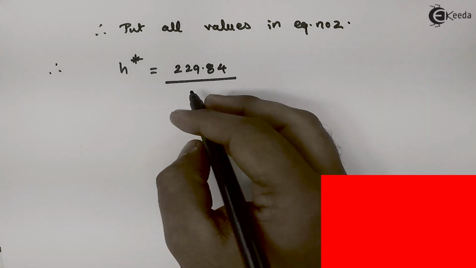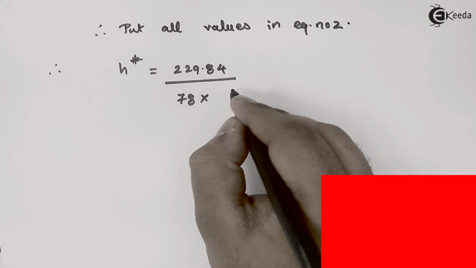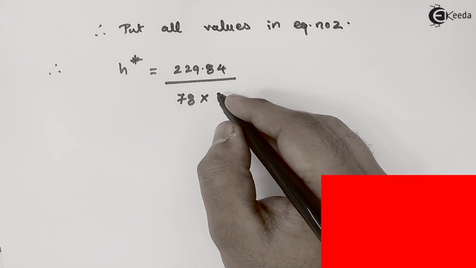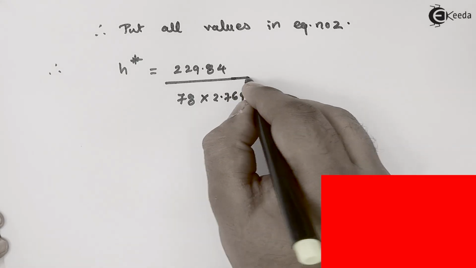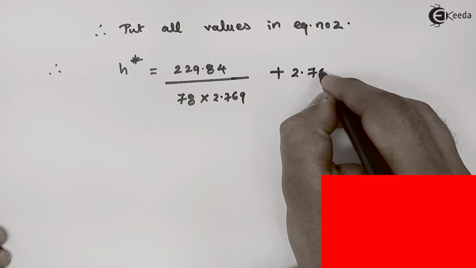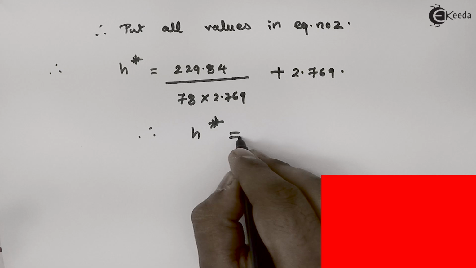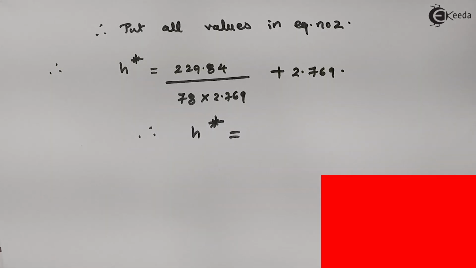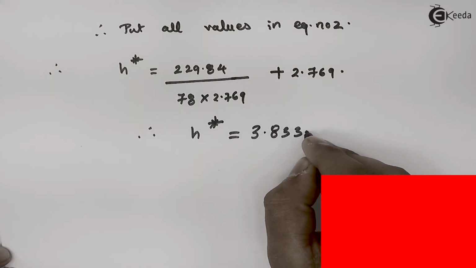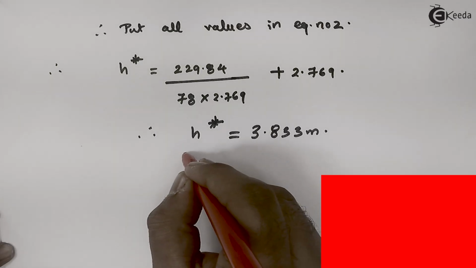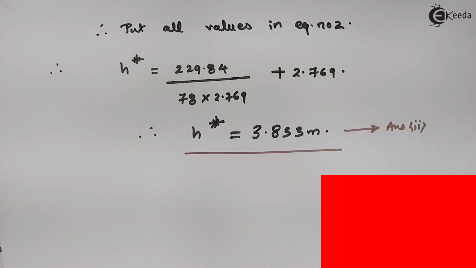Area was 78, H bar it was 2.769, plus 2.769. So from this I will get my value of H star as 3.833 meters. So this is my second answer.